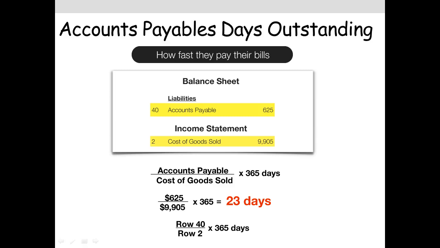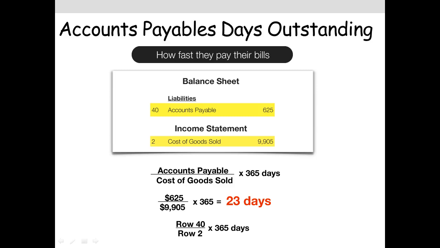Accounts payable is divided by cost of goods sold; for sales we used sales, but here we have to use the total cost of goods sold. Accounts payable is 625 divided by cost of goods sold 9905, multiplied by 365, which is equal to 23 days.